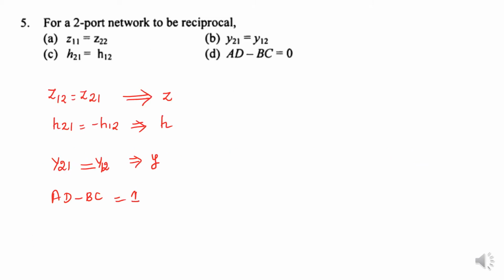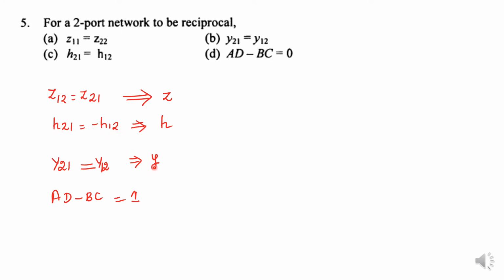Next problem. For a two-port network to be reciprocal, 4 conditions are given. When the Z parameters are reciprocal, Z12 equals Z21. When the H parameters are reciprocal, the condition is H21 equals minus H12.